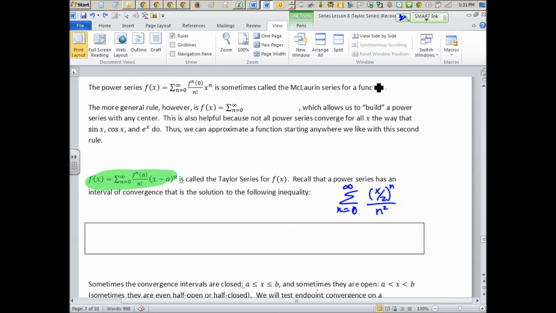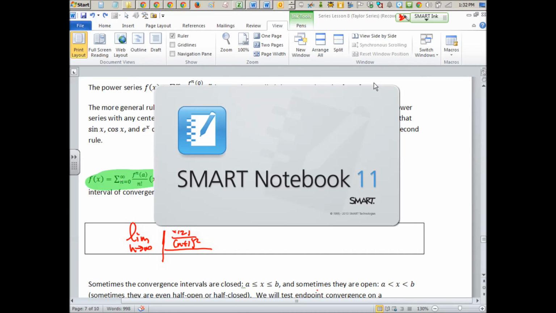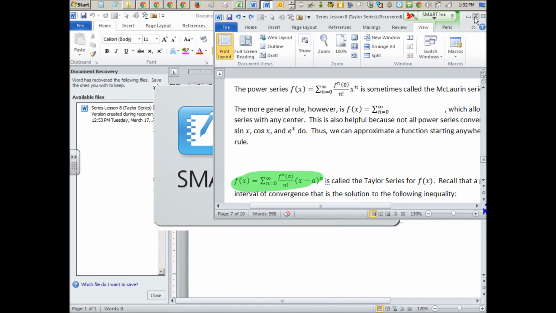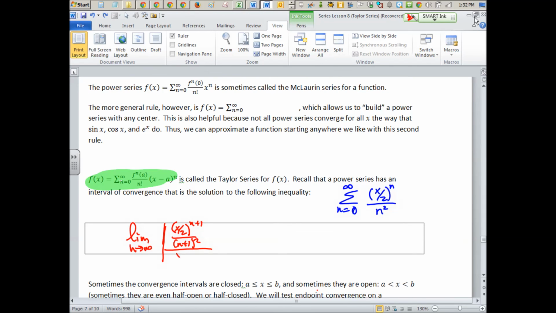So what we typically do is study this and ask, what x's does it converge for? And if you want to find what x's it converges for, you just use a ratio test, like this. You do the limit as n goes to infinity of the n plus first term divided by the nth term.